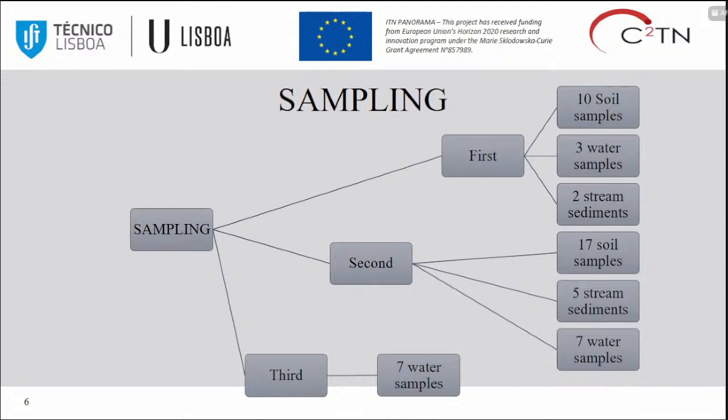During the second campaign, the EDM removed the topsoil in one of the areas of the old mine. We changed some sampling points we collected in the first campaign, and in the third campaign, where EDM started the active treatment system in the open pit, we decided to collect samples because we want to compare the rare element behavior and the heavy metal concentration before the active treatment system in the open pit and after the active treatment system.